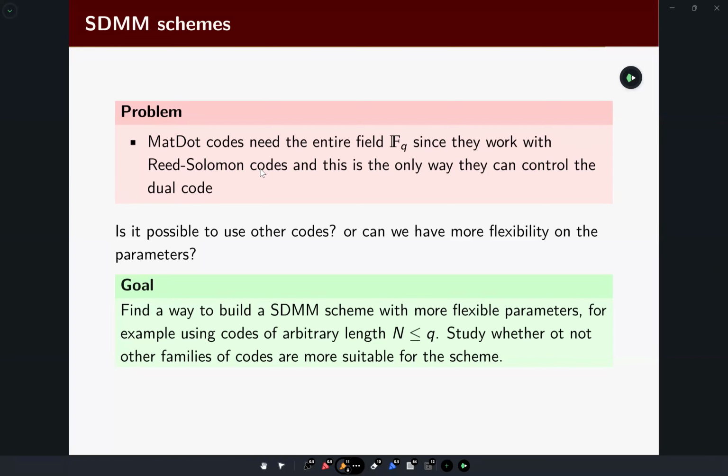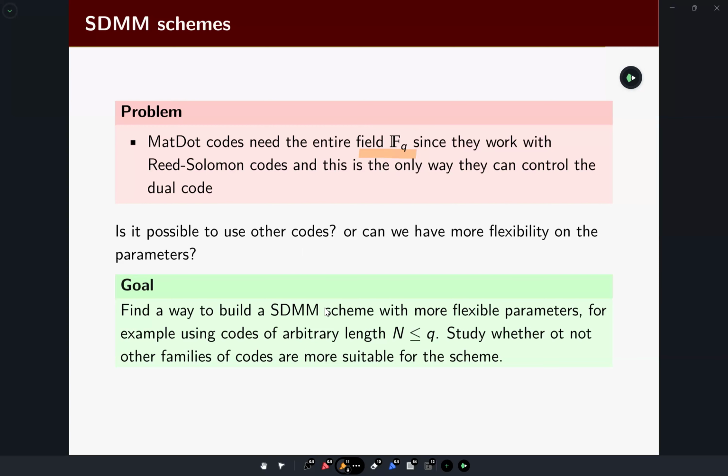Now, the problem is that there are some restrictions. For example, they need the entire field because they need the property of the code to be the full Reed-Solomon code if we want to have in the dual any polynomial of a given degree. So what if we can't use all the field? What if we need to use certain restrictions?